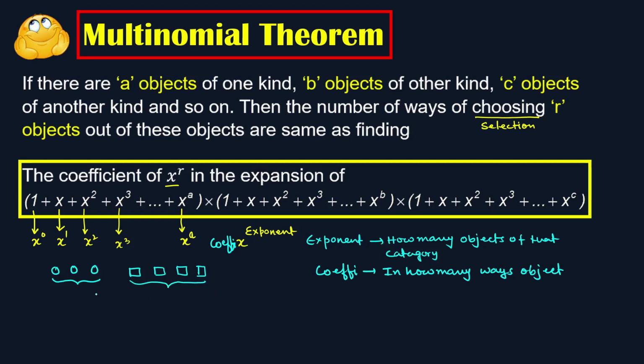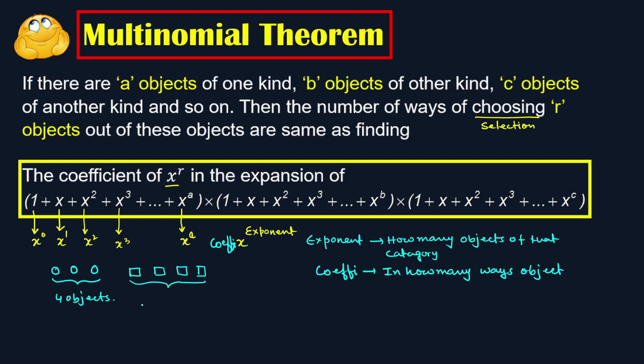Now I want to select, not arranging, only selecting, 4 objects out of this. Now, suppose we don't use multinomial theorem, then how will we solve this?